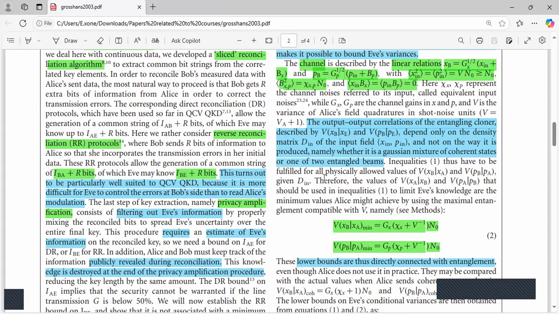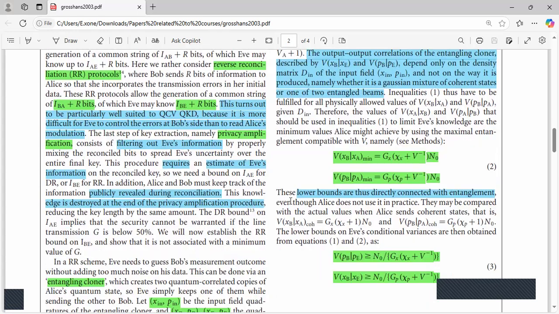So it could be a Gaussian mixture of coherent states or any two entangled beams. It doesn't matter, because after all we are only dealing with measured values. In theoretical analysis, we usually use the entanglement-based protocol in order to do security analysis, for its simplicity.